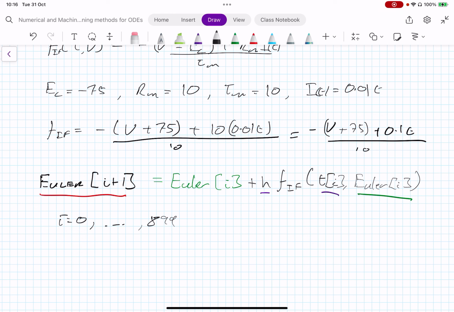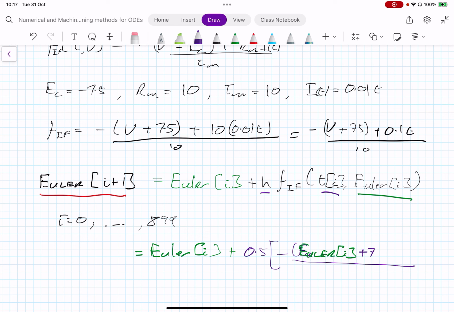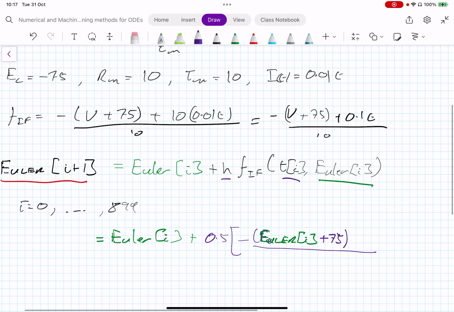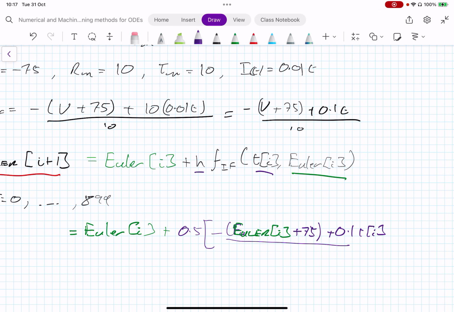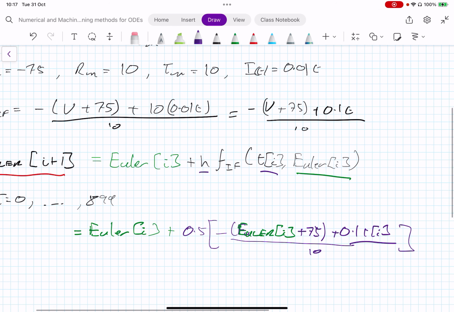So in the specific, that's equal to Euler_i plus 0.5 times minus, bring that minus up to make sure, minus (Euler_i, which we know, plus 75) plus 0.1 times t_i, all divided by 10.